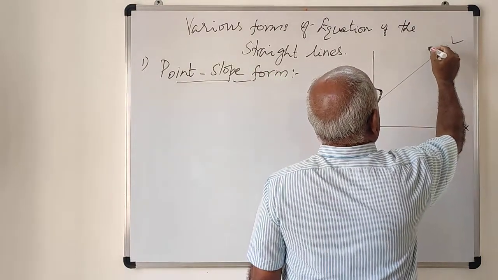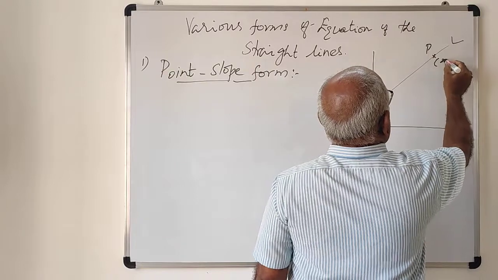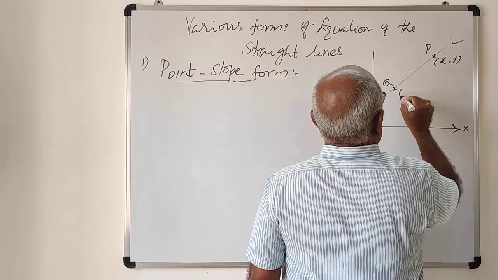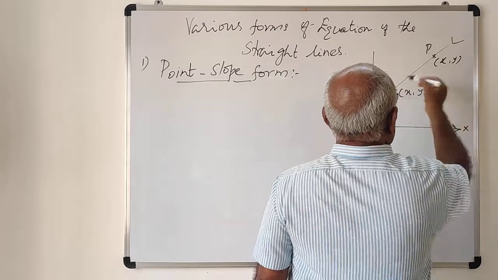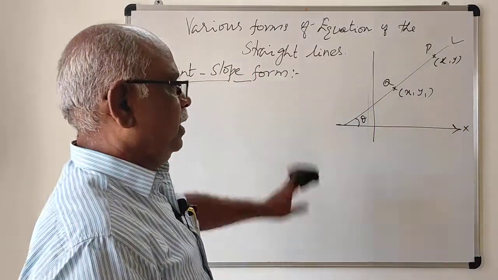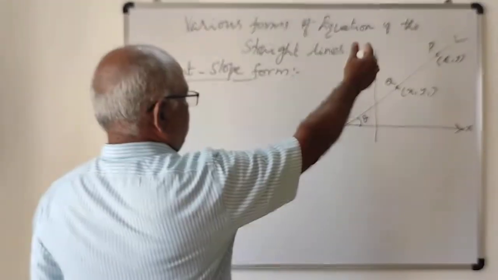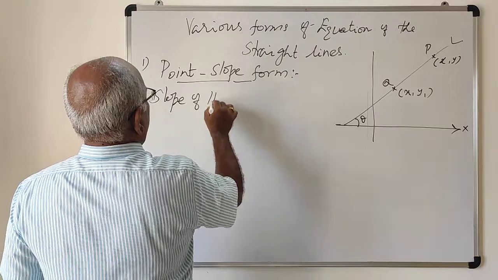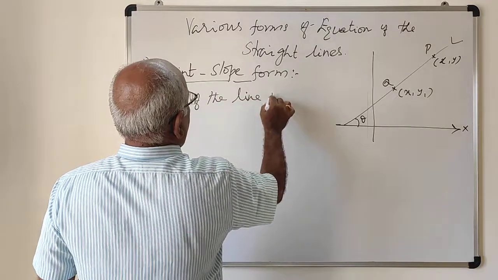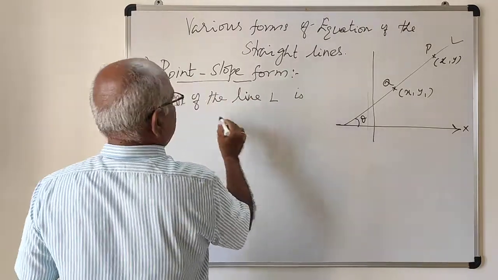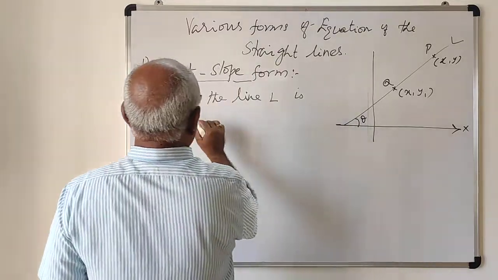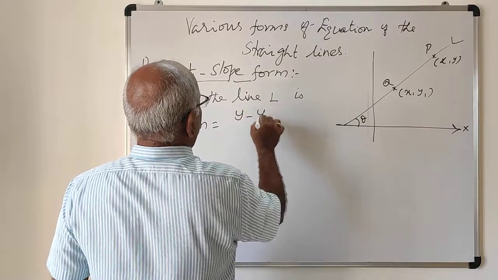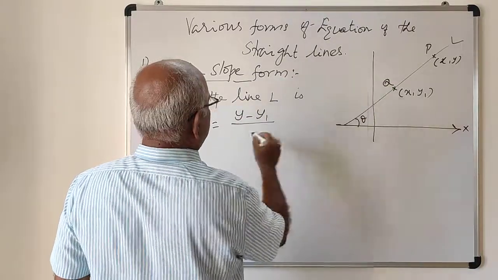P(x, y) is a point on the line, and Q(x1, y1) is any point on the same line. The slope of the line L is defined by tan theta, and it is denoted by m: (y minus y1) by (x minus x1).